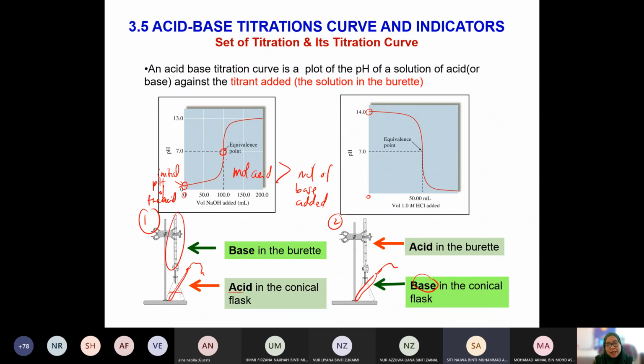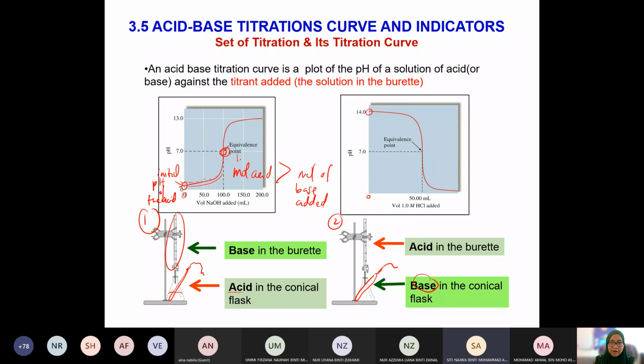Bila mole acid semakin berkurang, what happened to the pH? pH started to increase. Betul tak? That's why nampak dia ke atas sikit. Nampak? Dia going up. The pH dia start to gradually increase until it reaches the equivalent point.